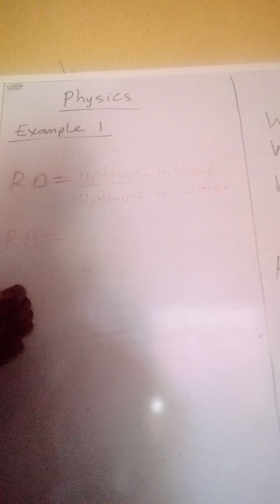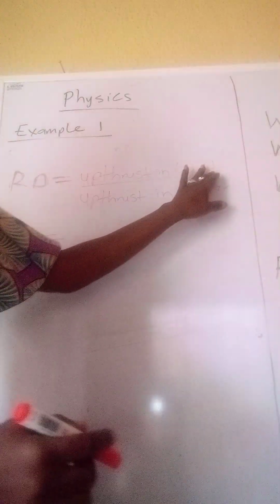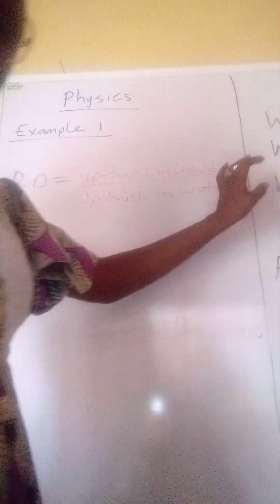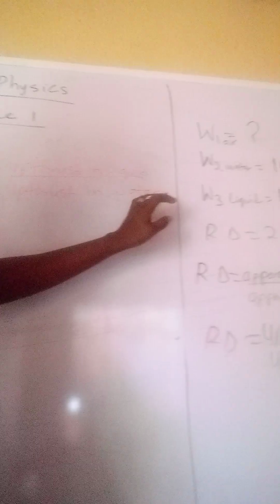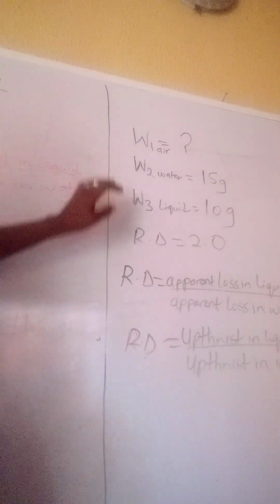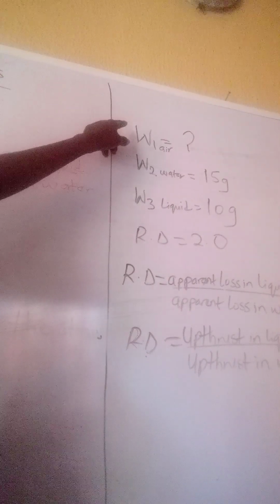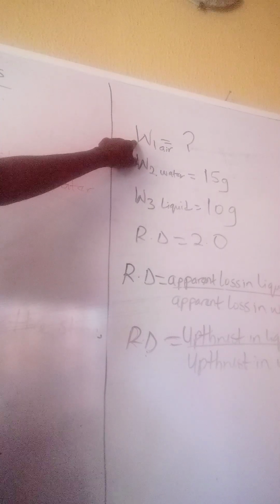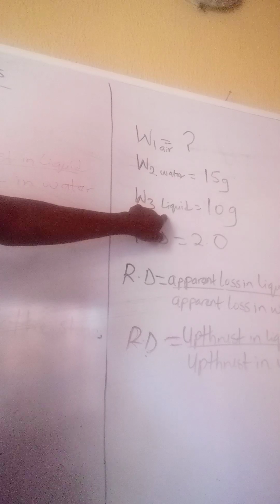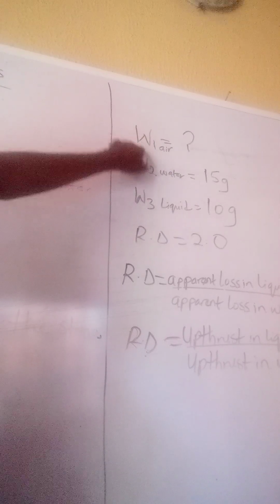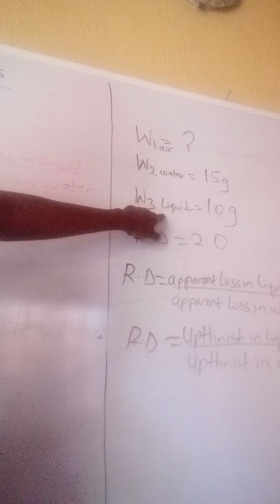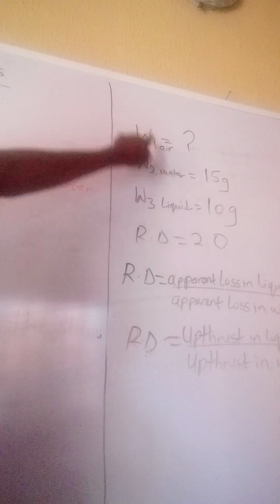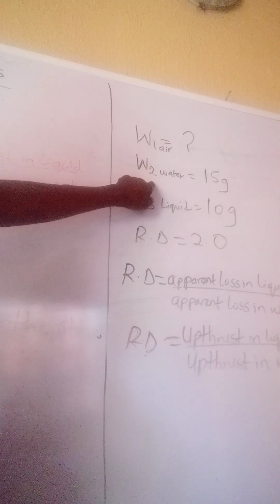So for upthrust in liquid, it's going to be W1 minus W3. Then upthrust in water will be W1 minus W2.